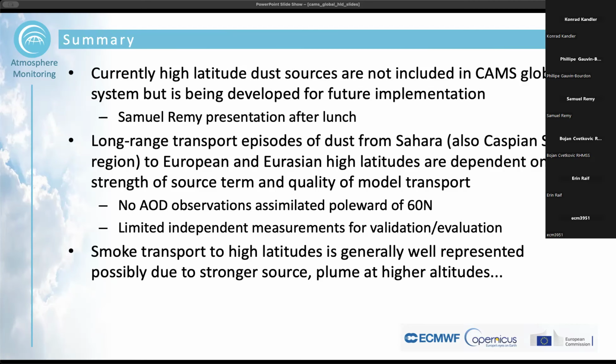In summary, we'll hear after lunch about the developments for including high latitude dust sources in the CAMS global system. We're seeing some challenges in evaluating these dust transport episodes from the Sahara. There is a signal there, but the enhancements are maybe not so realistic compared to what's being measured.